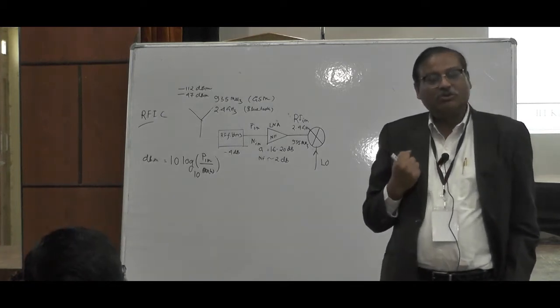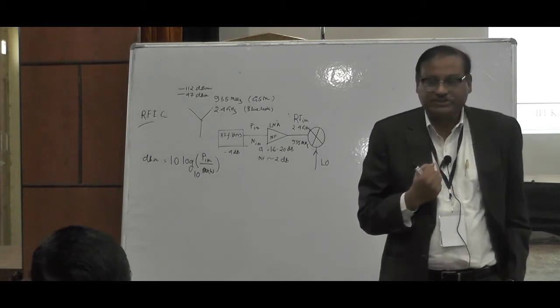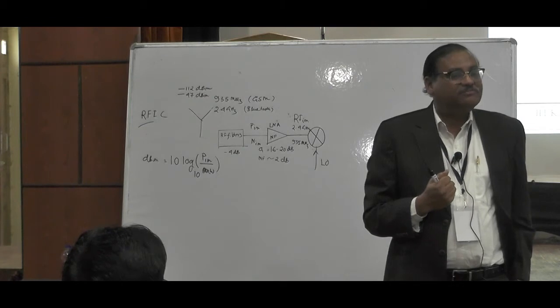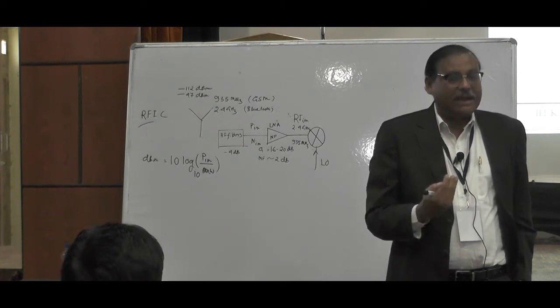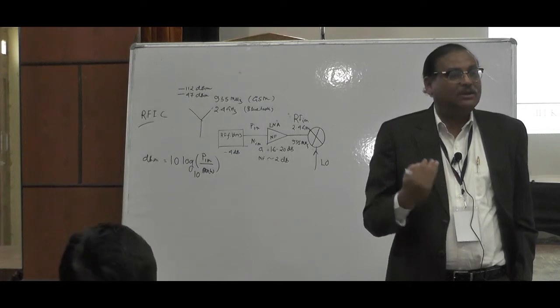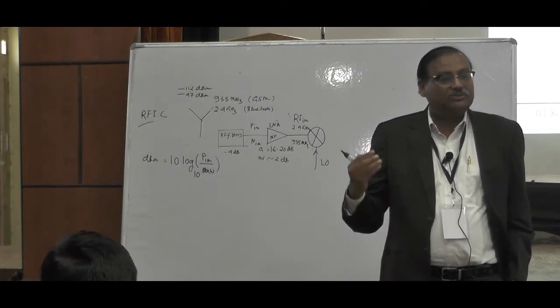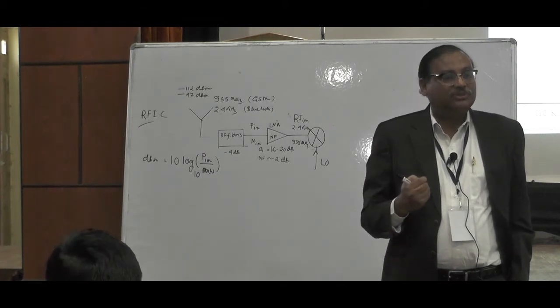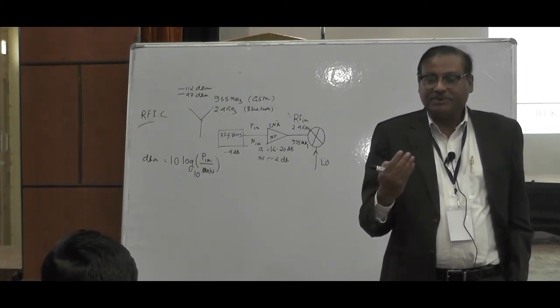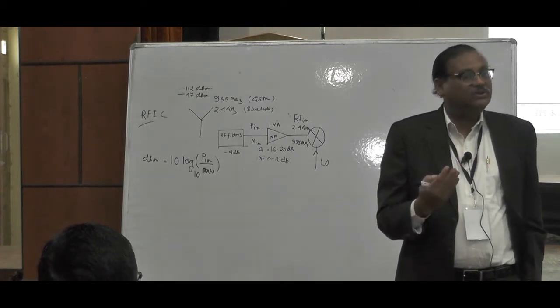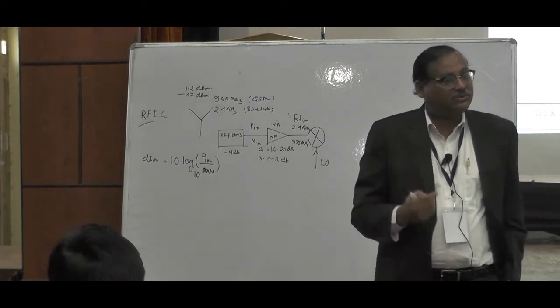Then if I introduce a local oscillator of 2.4 gigahertz, what will happen? When you multiply two signals, A sine omega 1t and, say, with the same amplitude, A sine omega 2t, if you multiply sine omega 1t into sine omega 2t, then algebraically we can say that the output will be omega 1 plus omega 2 or omega 1 minus omega 2.